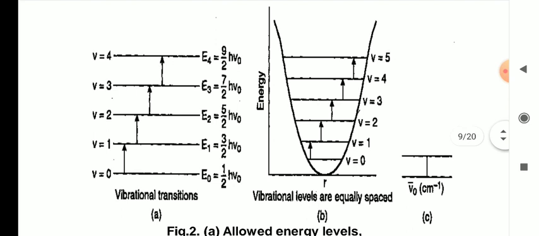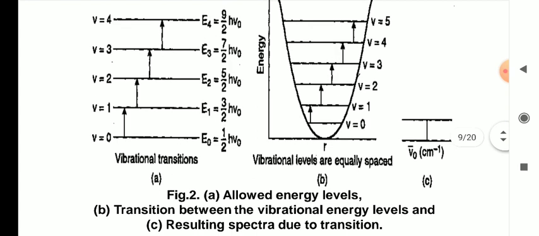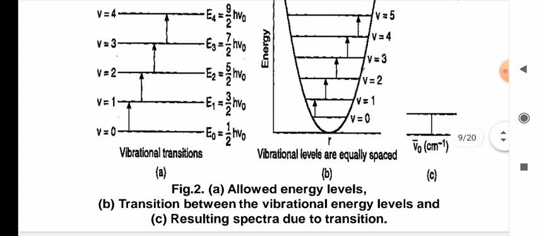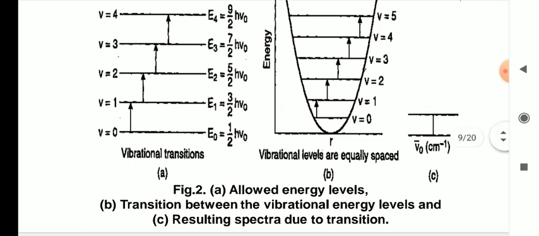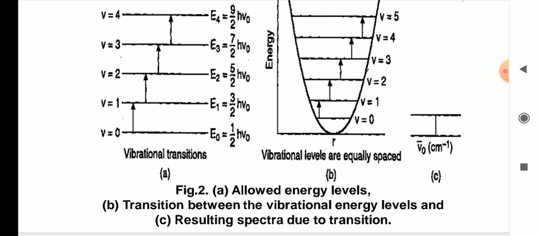In the figure that we have shown, for different vibrational quantum numbers, the vibrational energies possessed by the molecule and the spectrum transitions from v equal to 0 to 1, 1 to 2, 2 to 3, and 3 to 4 are also given. The curve that represents the potential energy of a diatomic molecule is called a harmonic oscillator, and the energy levels are equally spaced.